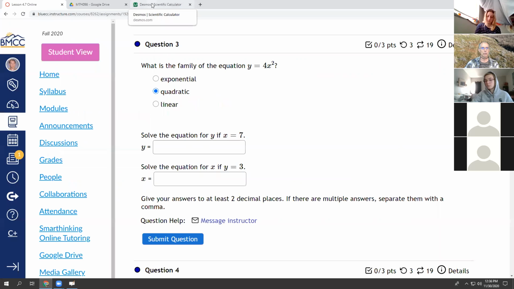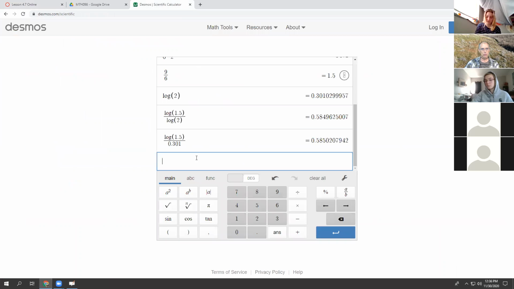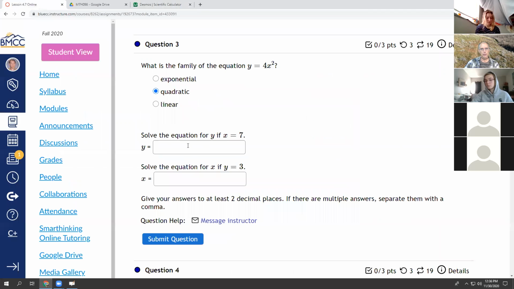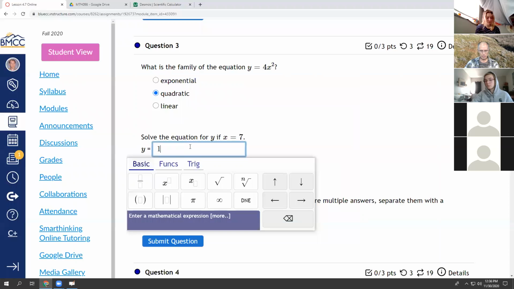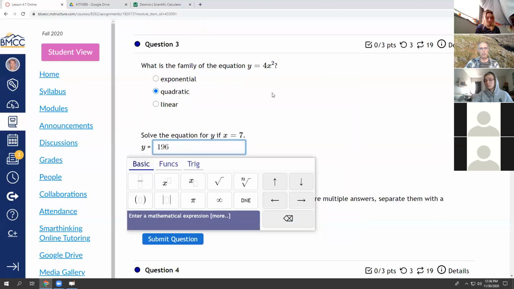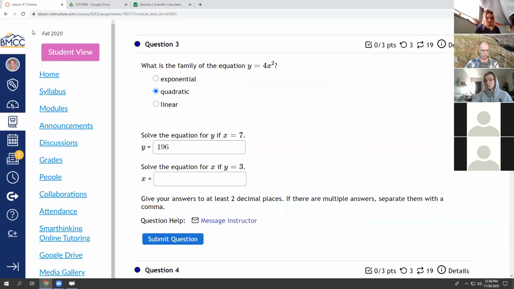Calculator here. So new line, 4 times, and I use parentheses in my notes, so I'm going to put it here. Turns out I don't have to use them. 4 times 7 raised to the second power, I get 196. Drop that in and put it in my notes too.